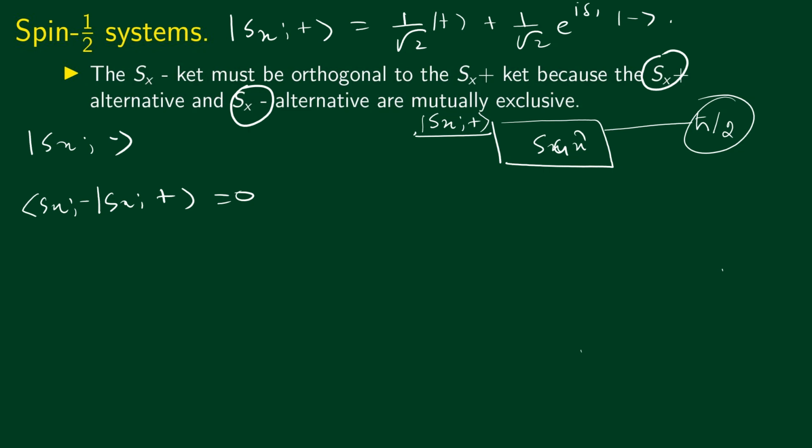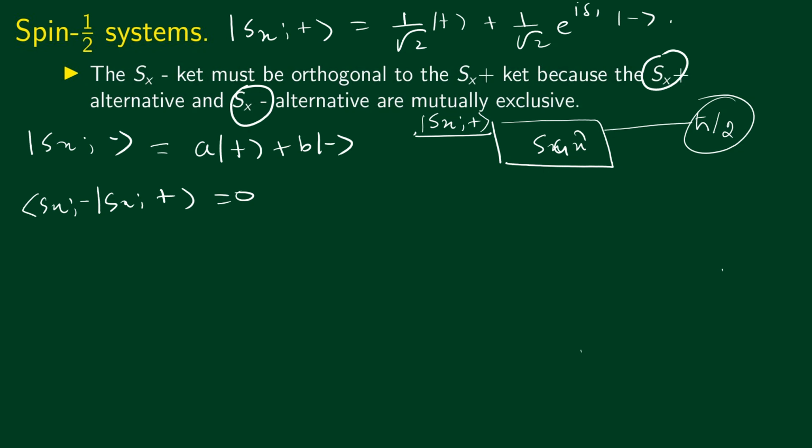We don't know Sx minus, but we need to write it as a linear combination of ket plus and ket minus. This means I need an expression for Sx minus of the form A ket plus plus B ket minus. Now I make use of this relation.